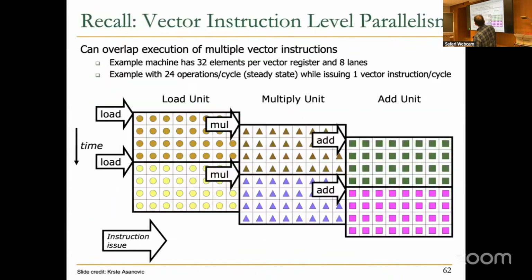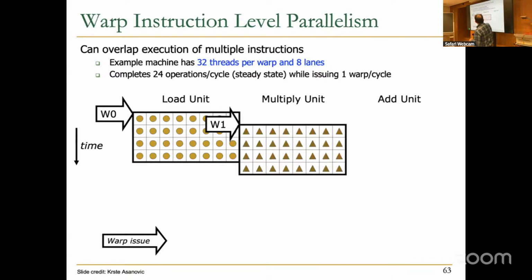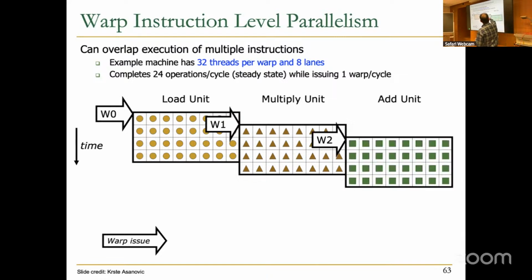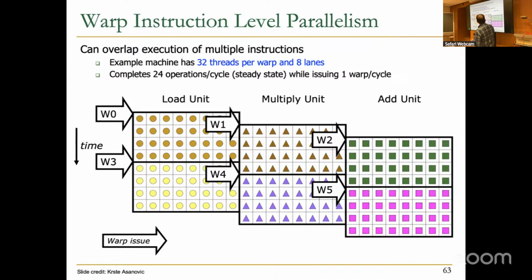This is your recall, but then you can have warp 0 doing a load operation, and at some point another warp 1, for example, accessing the multiply unit in your vector processing unit, then warp 2 can be in the addition unit, and warp 3, for example, in the load unit, and warp 4, warp 5. So this is how you can interleave these warps, and they are doing different operations.